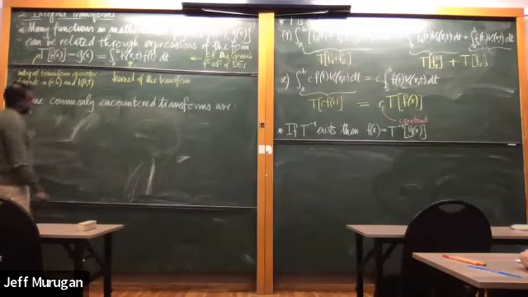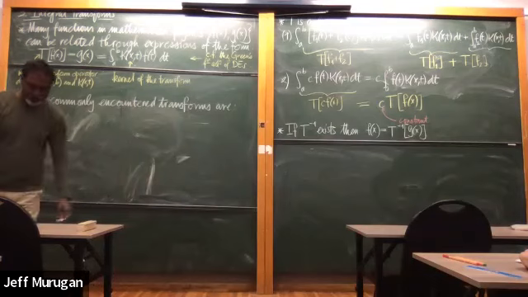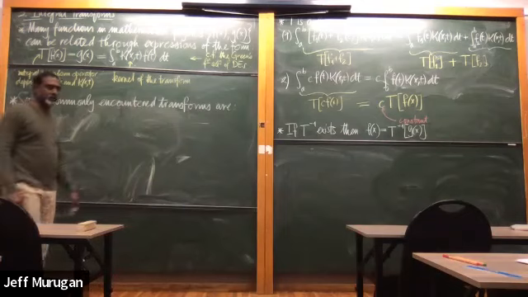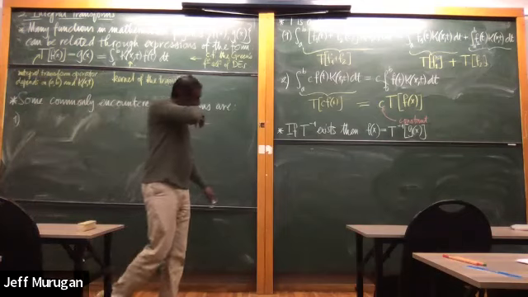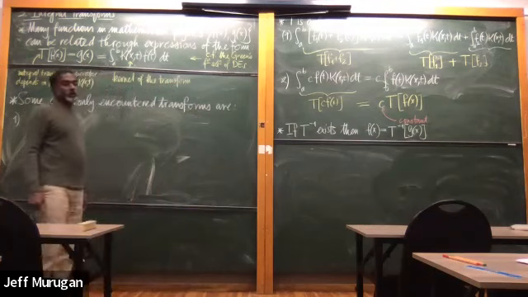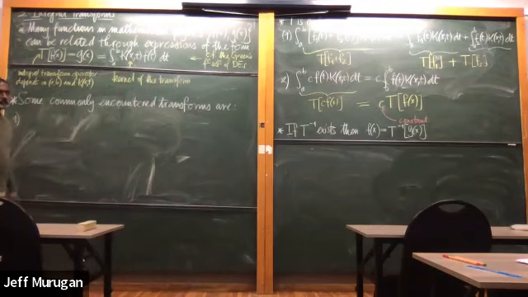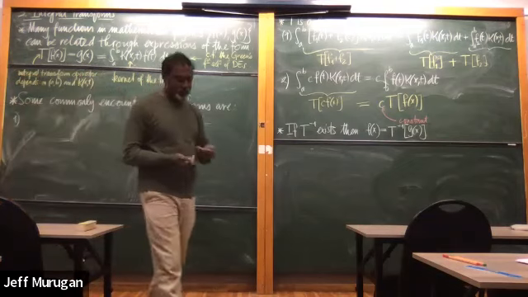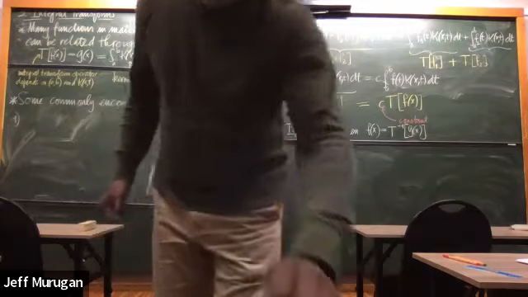It's by far the most commonly encountered transform for many reasons. One, it also transforms differential equations into algebraic equations. Two, it's straightforward to invert. And so the philosophy is, I give you a differential equation, you want to solve the differential equation. So you transform the differential equation to an algebraic equation.